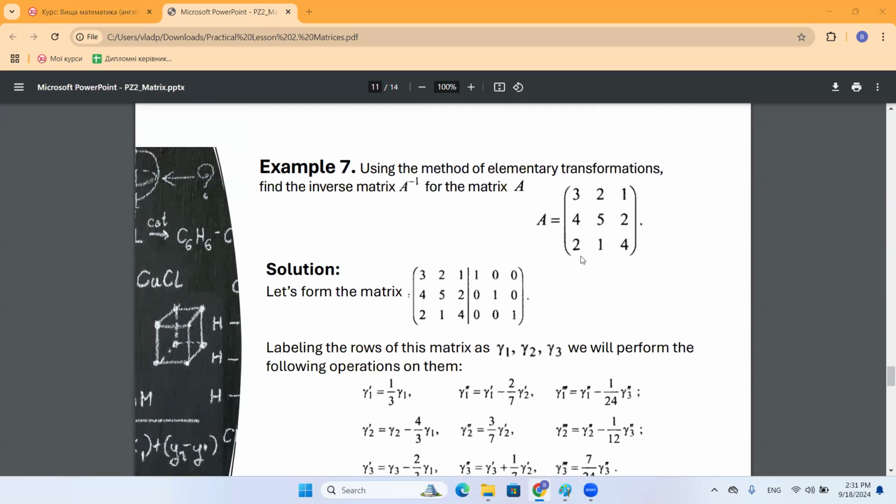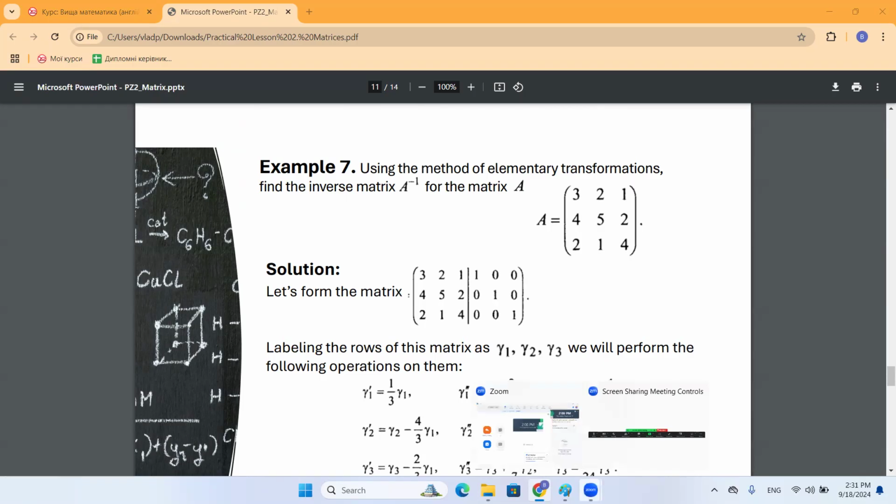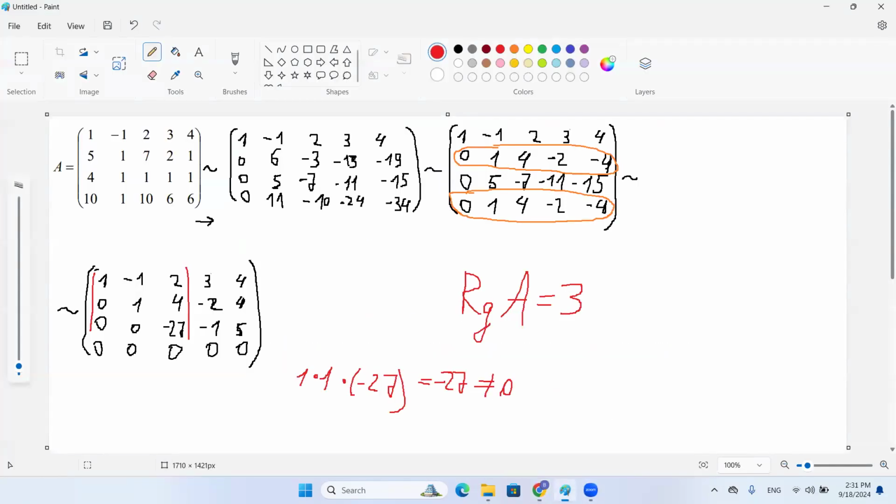We will calculate the inverse matrix using cofactors next time, not today. Today we will try another method. We have 15 minutes for it, so I guess that it's enough.